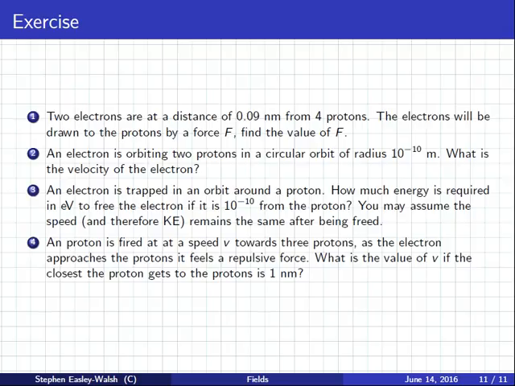Okay, did it? This formula PE equals K Q P over R, and R is 1, and the mass of the electron and of the proton. Potential energy equals kinetic energy.